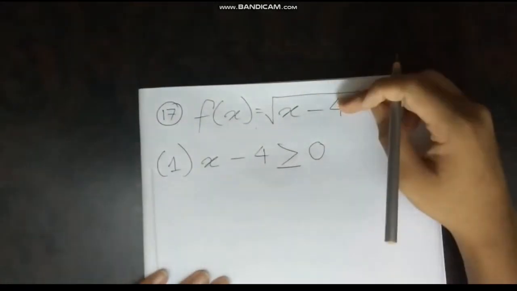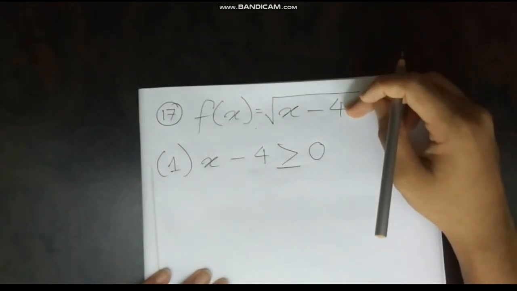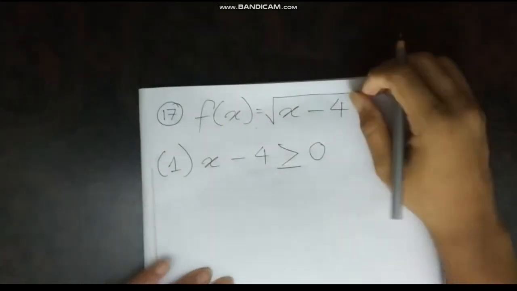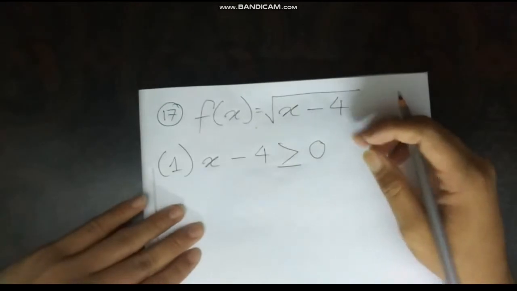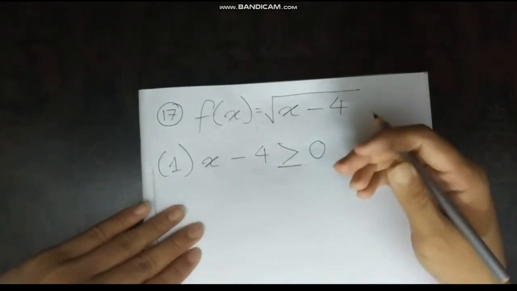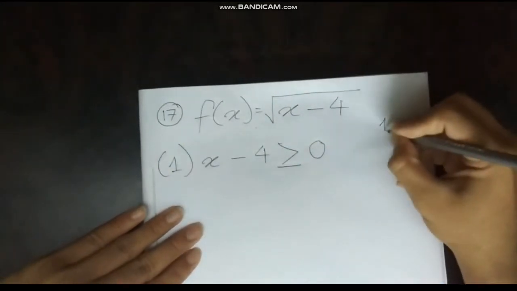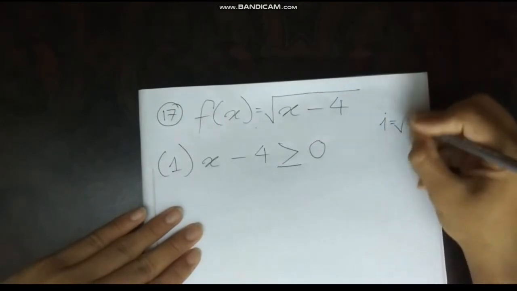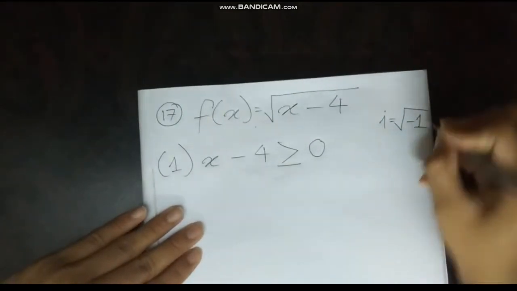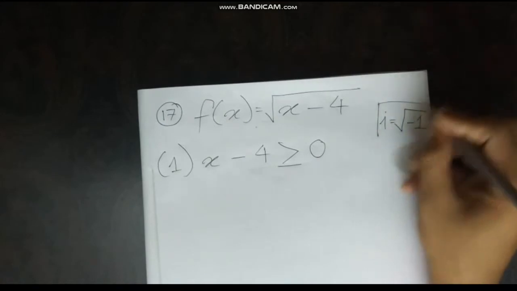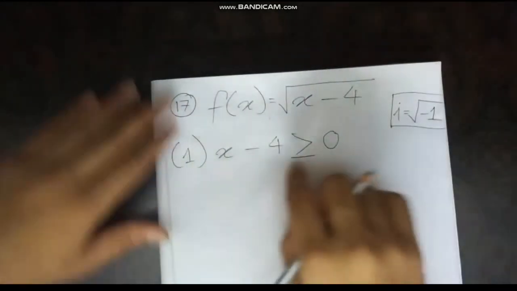Mind it, if there is negative 1 under the root, it's imaginary or undefined. You will learn about imaginary numbers in the higher classes, which is defined with i, and i's value is root over negative 1. It's not a headache right now.